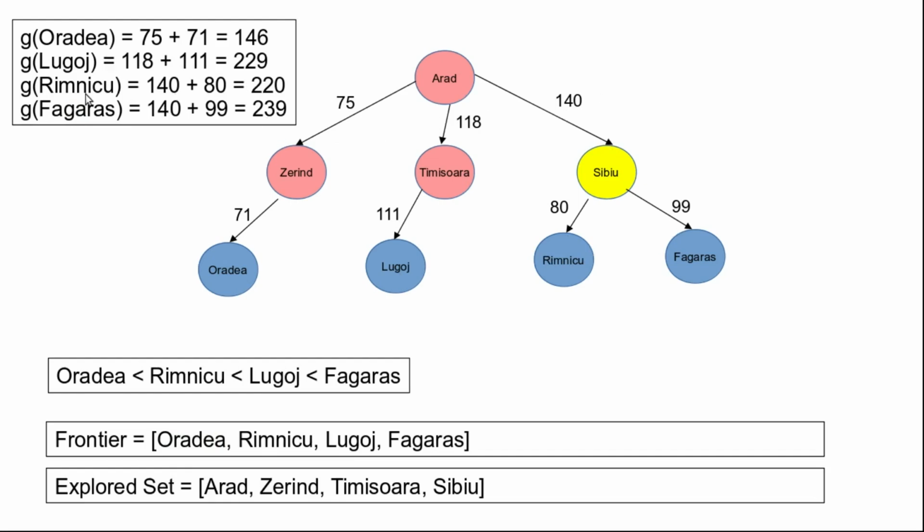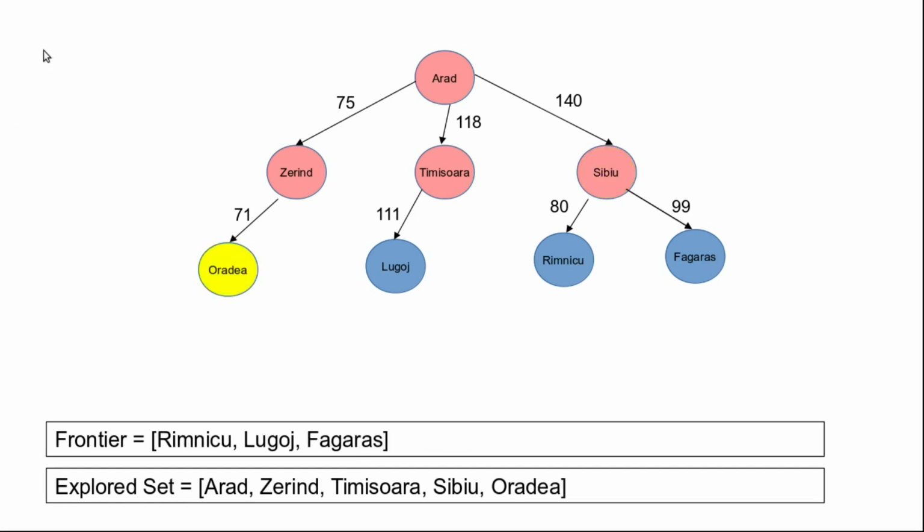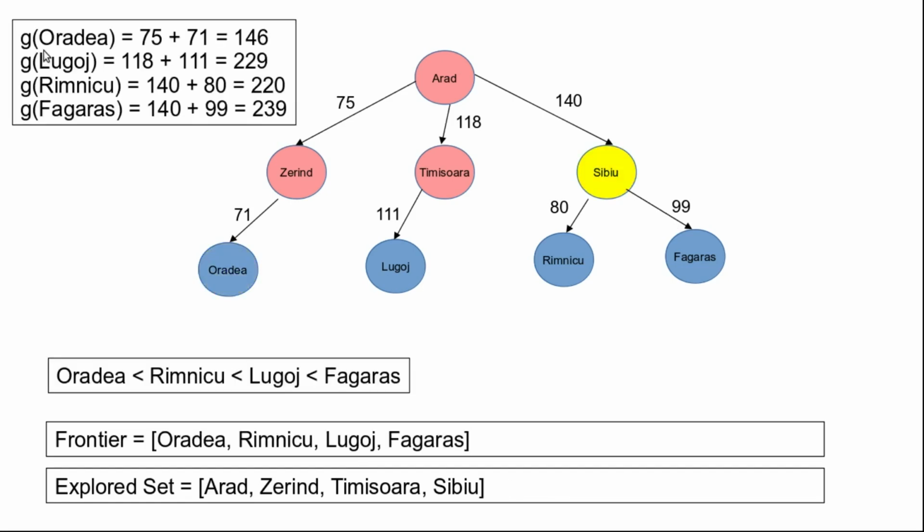And now if you order the nodes based on the G value, we see that Oradia has the lowest, so it will appear at the front of the list. This is the order: Oradia is the lowest, followed by Rimniku, followed by Lugos, followed by Fagaras. And hence, this is the order in which the nodes will appear in the frontier list, because it's a priority queue.